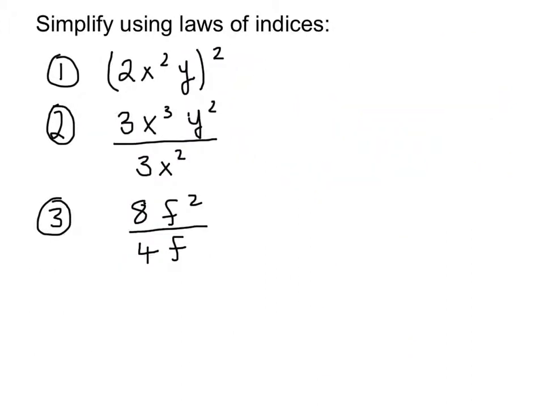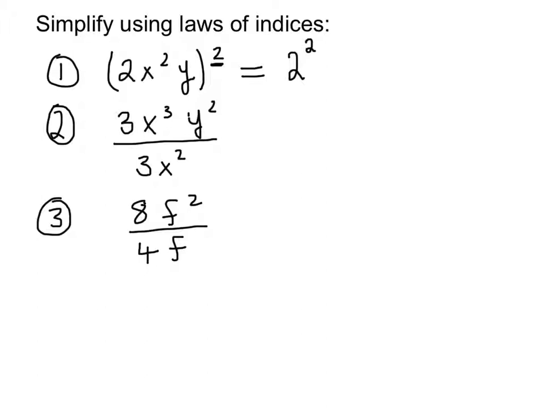So let me finish by doing these last three questions. It says simplify using laws of indices, these three expressions. Okay, so let's try the first one. So the first one is all to the power of 2 to begin with. So remember, the power of 2 goes on everything inside the bracket.